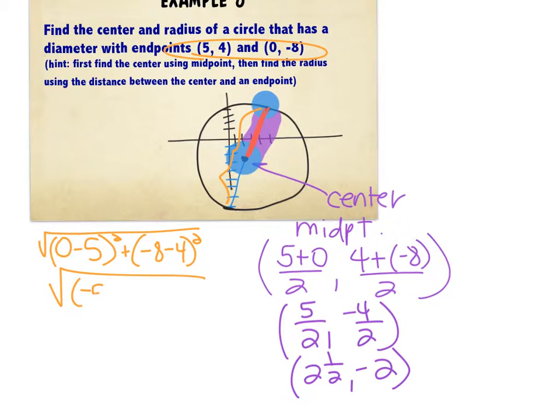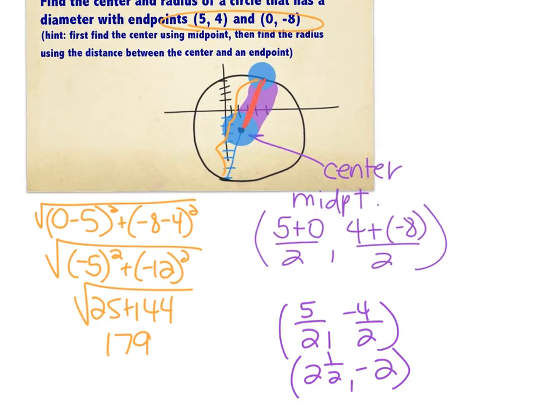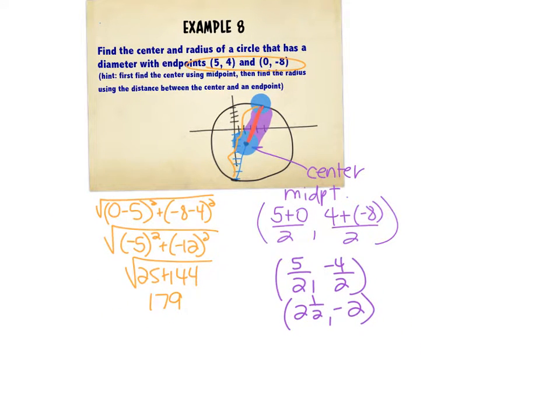I get the square root of negative 5 squared plus negative 12 squared, 25 plus 144, which is the square root of 169. Do you know what the square root of 169 is? 13. And then that's my diameter. So I have to do what to that to get the radius? Divide it by 2.